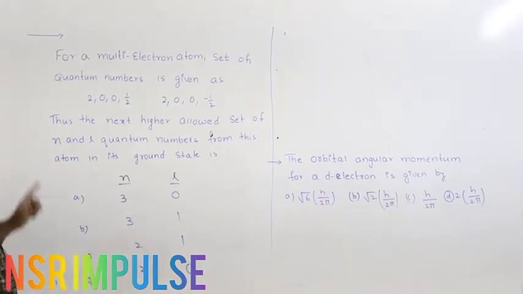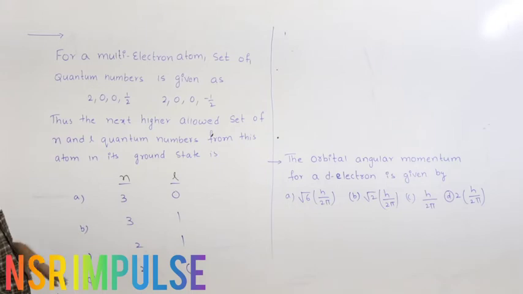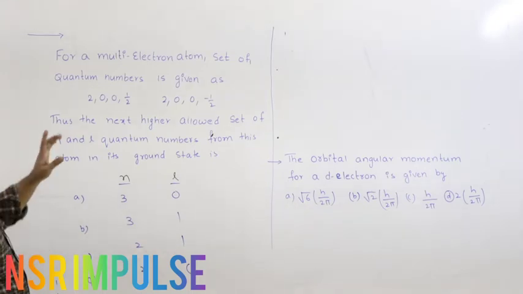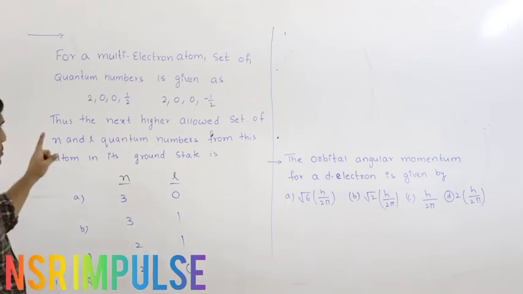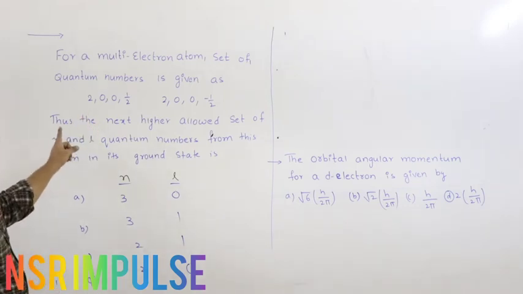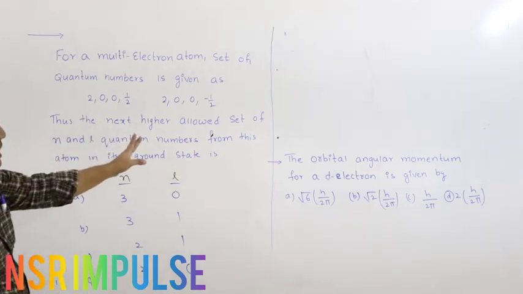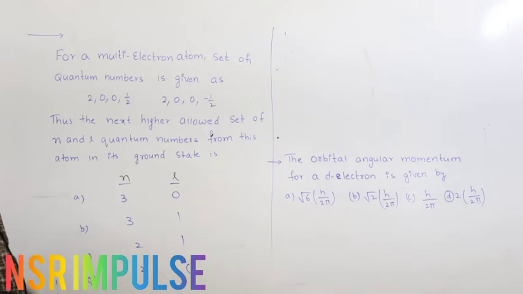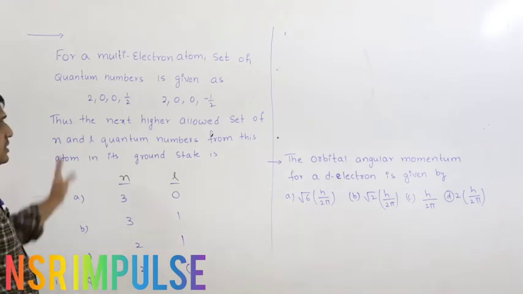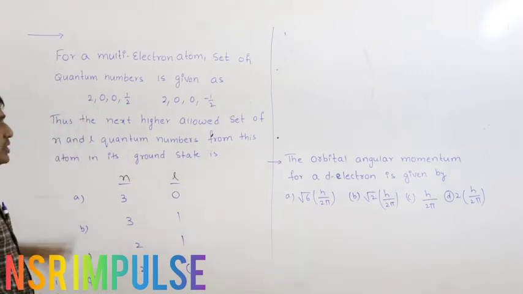Question: for a multi-electron atom, sets of quantum numbers are given. This is one set, this is another set. Based upon this, the next higher allowed set of n and l quantum numbers for this atom in its ground state is, so he is asking what will be the next orbital.